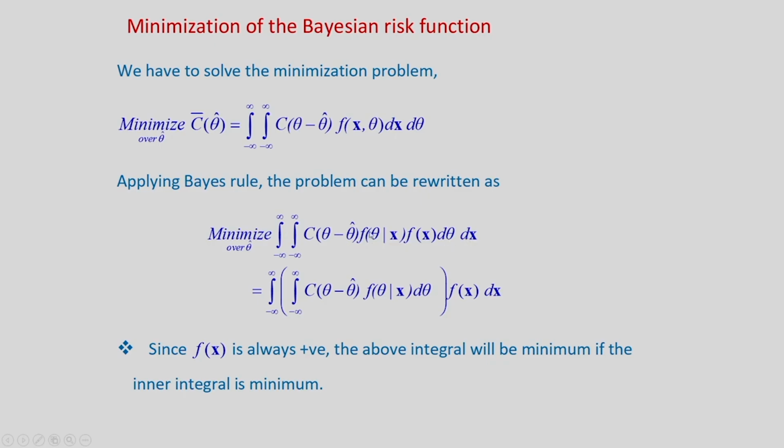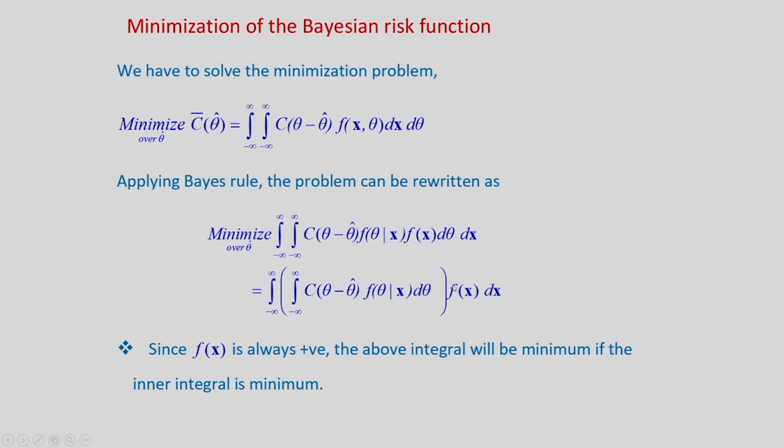Now, we can express this integration as two integrations, one involving theta only and the other involving x. So, the inner integral involves theta, theta hat and x, but the outer integral involves only x. That way we have written the minimization problem like this.